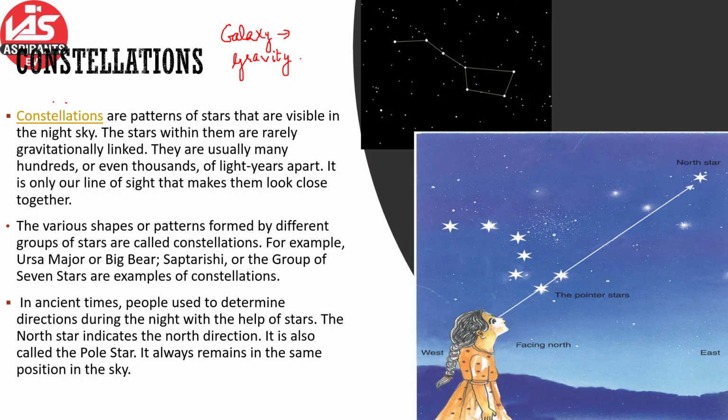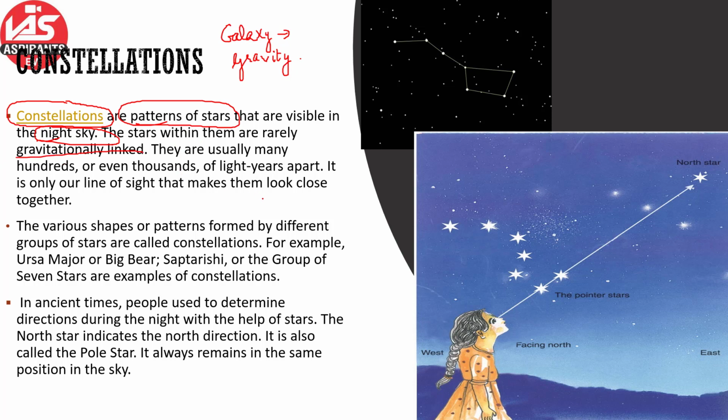But for constellations, if we are standing on the surface of the earth and we see the night sky, constellations are just the patterns of stars that are visible in that night sky. And these stars are rarely gravitationally linked.